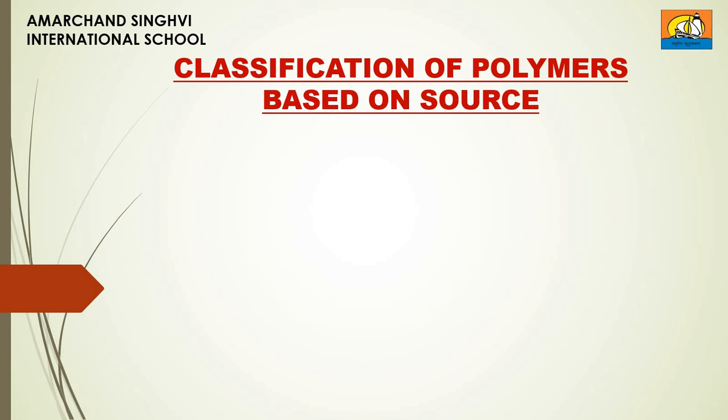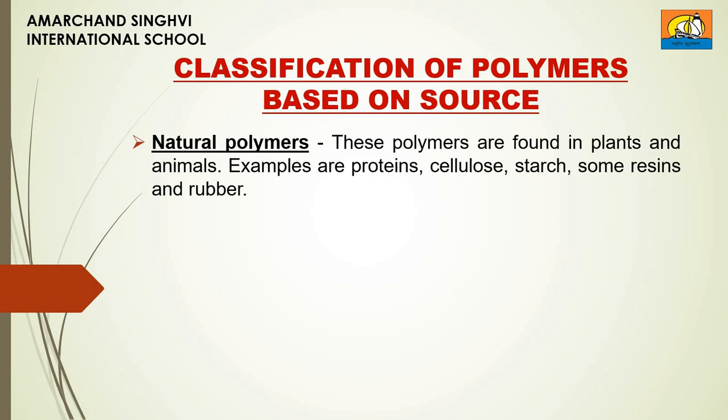Let us talk about classification of polymers based on source. On the basis of source, polymers are classified into three categories: natural, semi-synthetic and synthetic. Natural polymers are the polymers found in plants and animals.